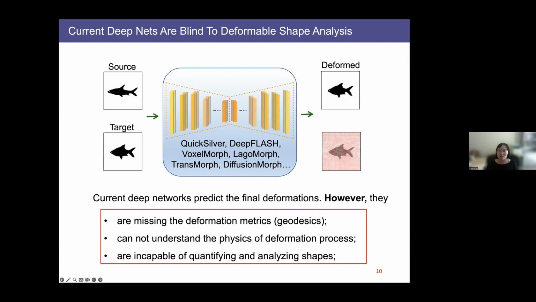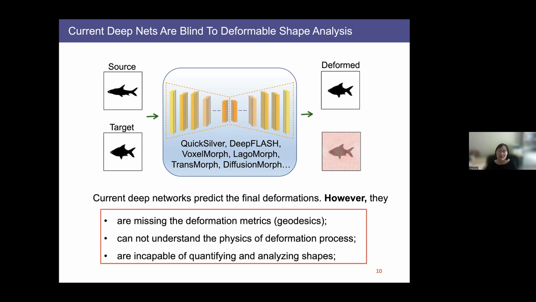For those of you who are familiar with registration, you have probably seen all these software packages, Quicksilver, Deep Flash, Voxelmorph, whatever morph you have. The current registration networks can tell you the final deformation to deform from one object to another, but they don't tell you the entire evolution process.